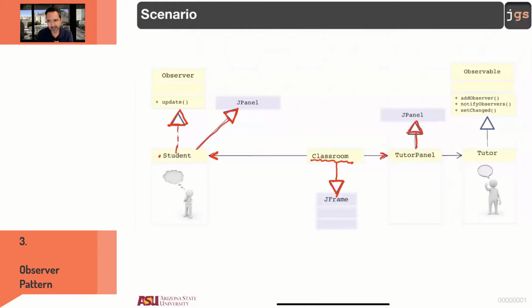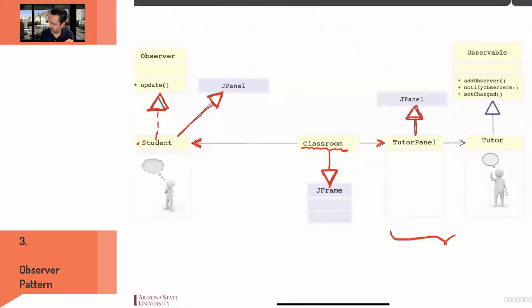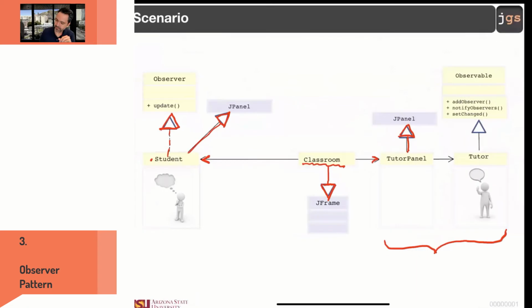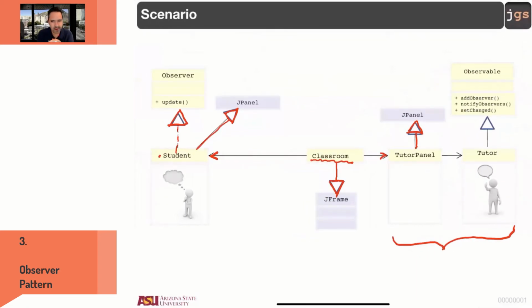Tutor. For the tutor, I am doing something different here. For the tutor, I have a problem. I have a problem because I want the tutor to be a panel, but also I want the tutor to be observable.